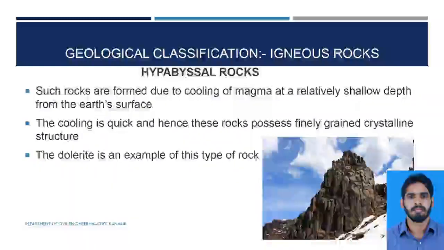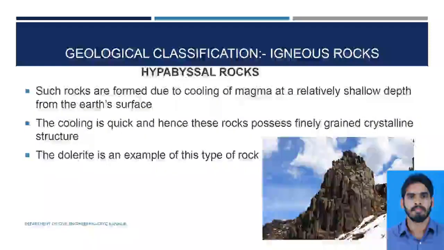The cooling is very quick also. Okay. Actually we discussed what previous to this hypabyssal rocks. We discussed about the plutonic rock. They are at considerable depth. In hypabyssal rocks, the cooling of magma is at relatively shallow depth. Shallow means very small depth from the surface.